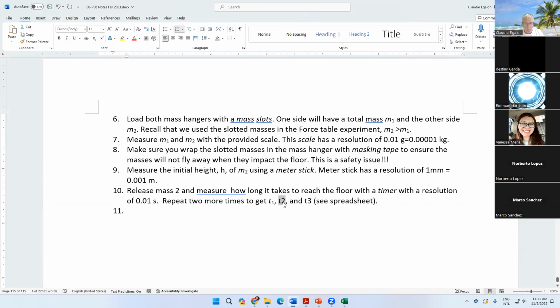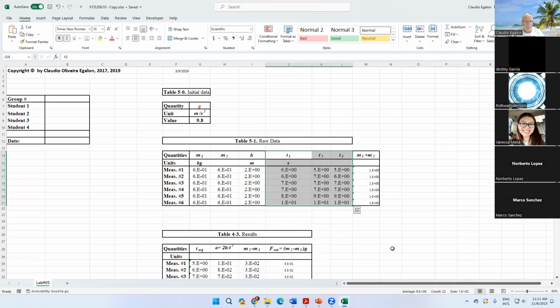T2, and T3. See spreadsheet. Okay. So what we have here, raw data, raw data, raw data, raw data, raw data, and raw data. All of that is raw data.